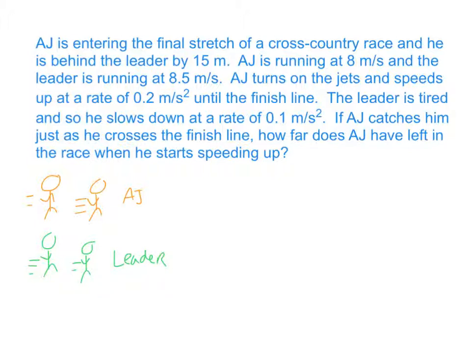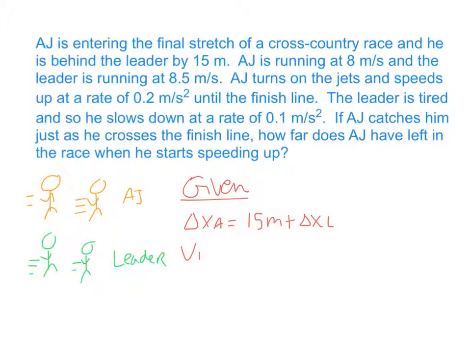Let's list what we know. And I'm going to be using my subscripts here. We know that delta x for AJ, I'm just going to call that delta XA, is equal to 15 meters plus delta x for the leader. So we know that he has 15 more meters to run than the leader does because he's behind him.